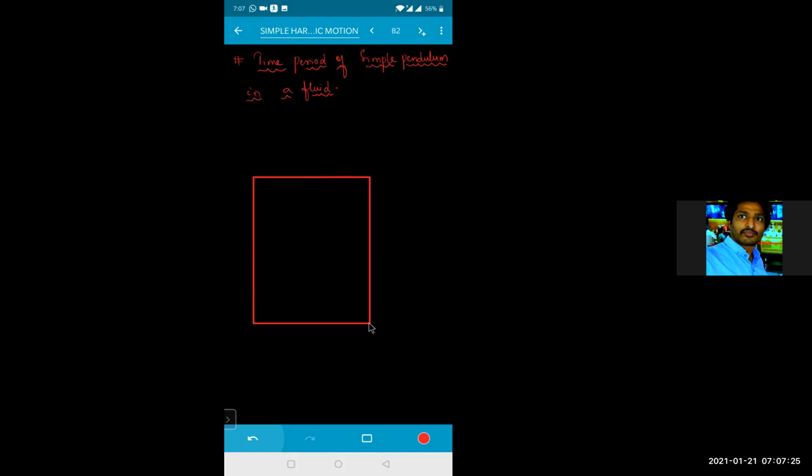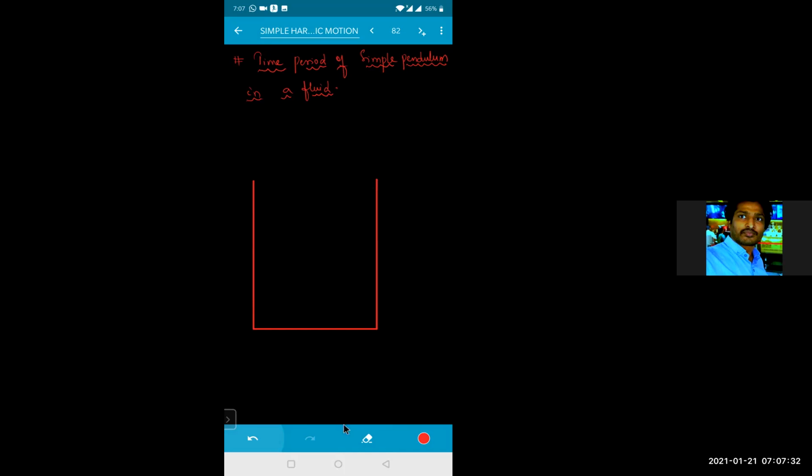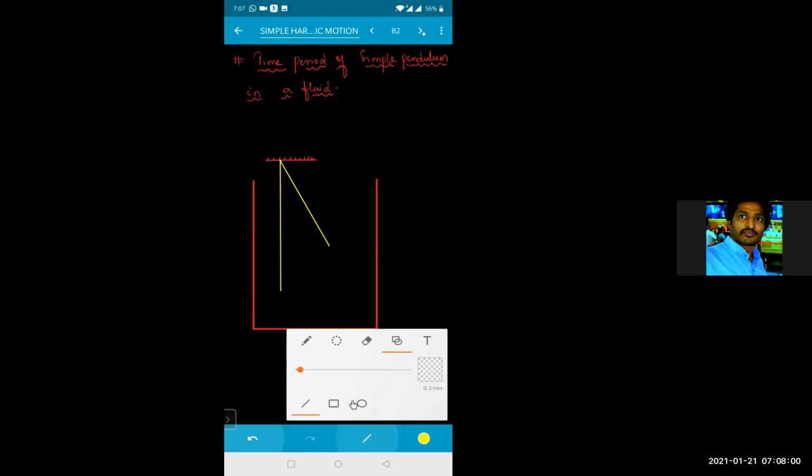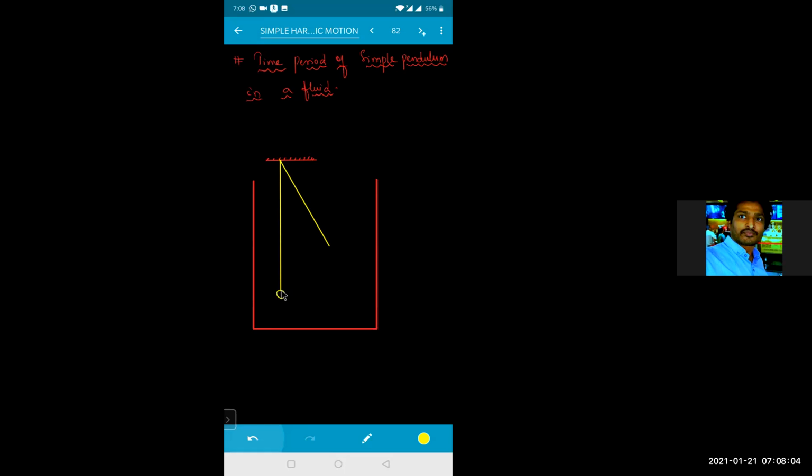This is your container. This is the bob of the simple pendulum, and it is moving by a small angle theta from this position to this position. Water is being filled up to a certain height.